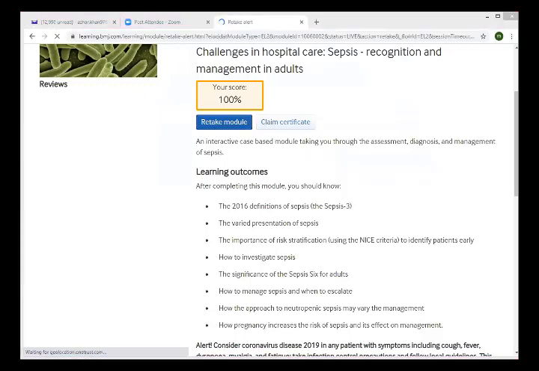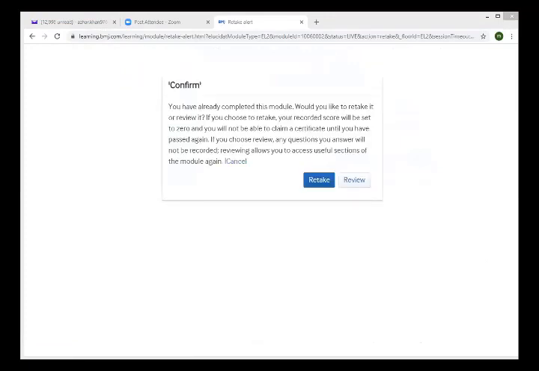So what is sepsis? SIRS is a systemic inflammatory response syndrome. It's highly prevalent and very expensive. More people die from sepsis than malignancy every year.